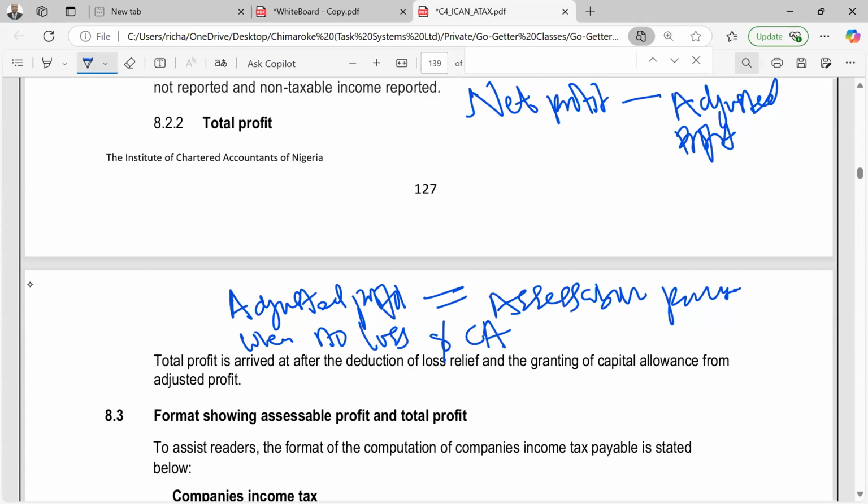But as long as there is a loss, sometimes there's no loss, but as long as there's a capital allowance, the two will be different.